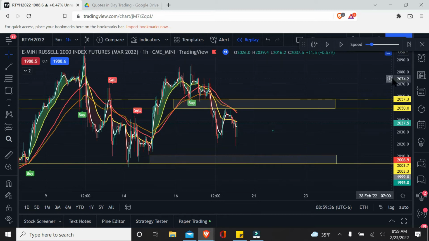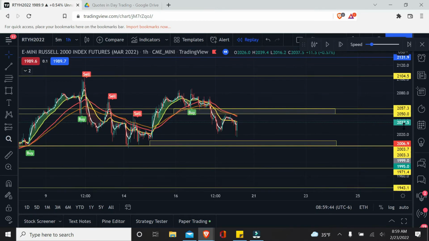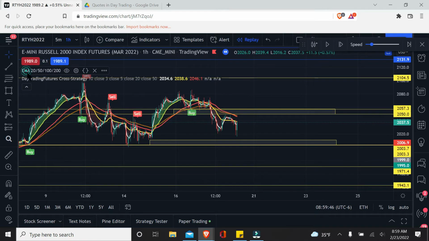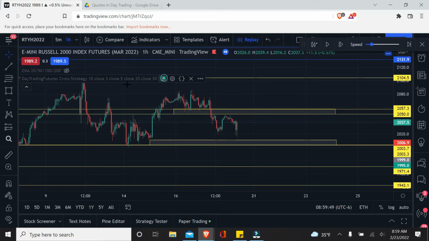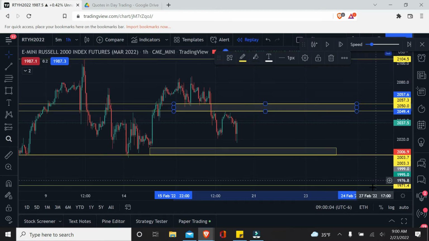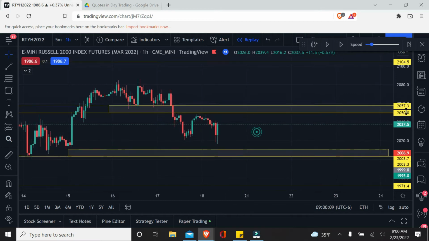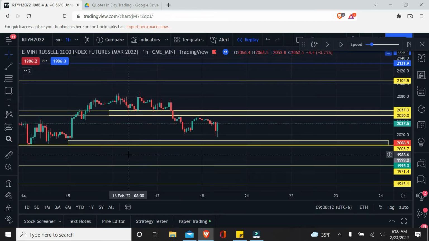Here we are on the 1 hour chart. If you remember from the first video in the series on support and resistance, you go to the 1 hour chart, hide all your indicators, and mark 2 areas above and 2 areas below the current price. Let me see if y'all can see these candles a little better.